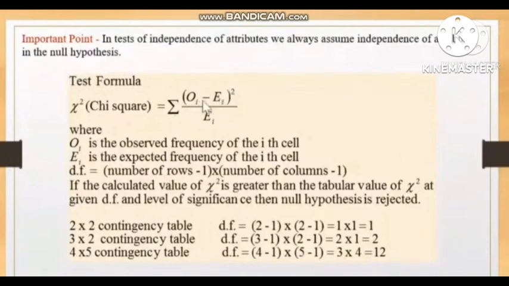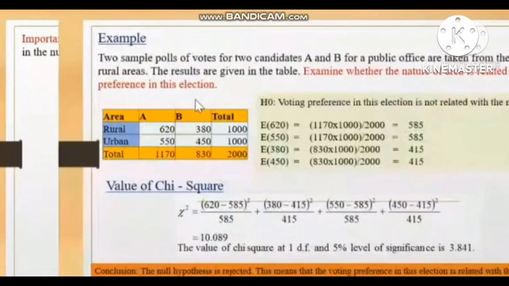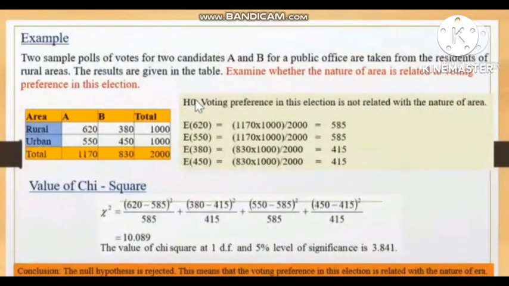So observed frequencies would be given to us in the contingency table. Expected frequencies we would have to calculate. I will tell you how to calculate expected frequencies with the help of one example. Suppose that this is the example.